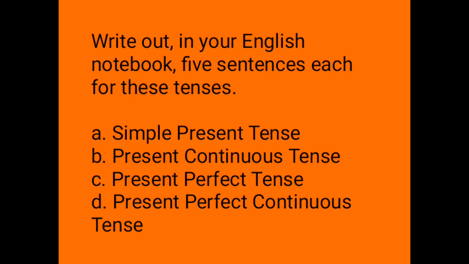Simple present tense, you write out 5 of it. Present continuous tense, you write 5 of it. Present perfect tense, you write 5 of it. Present perfect continuous tense, you write out 5 of it. These are very wonderful and simple things to do.